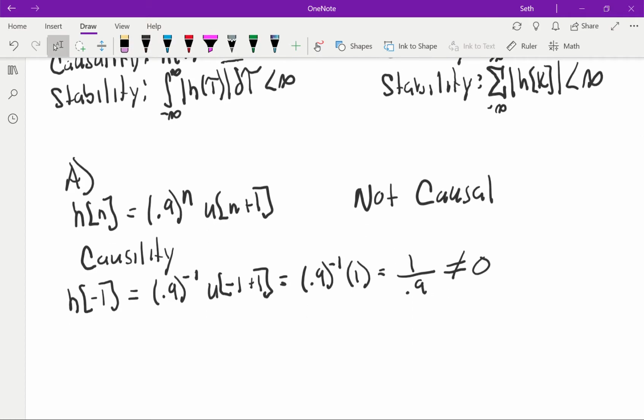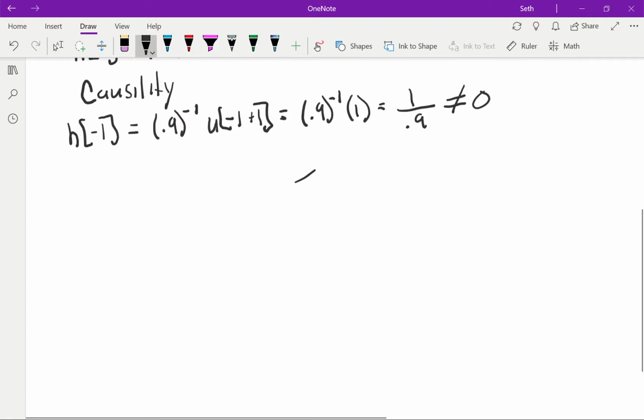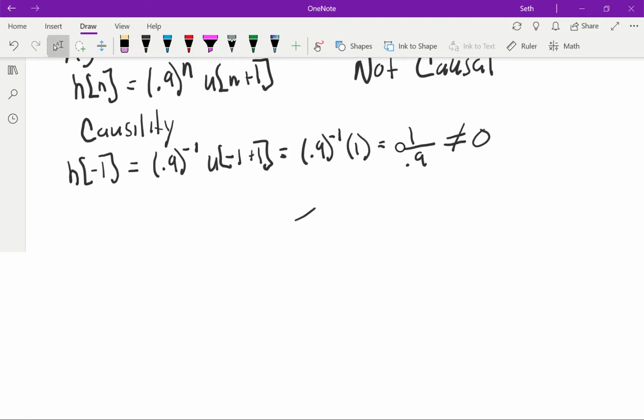Okay, now we need to test for stability. Sorry, my screen didn't seem to be moving. So we go back to the condition for stability, and I'm going to put that in.